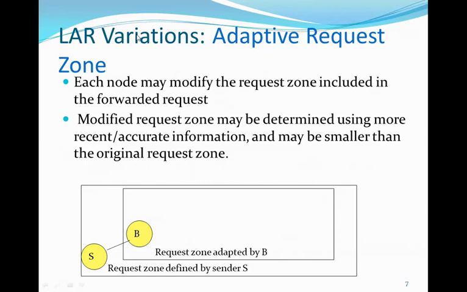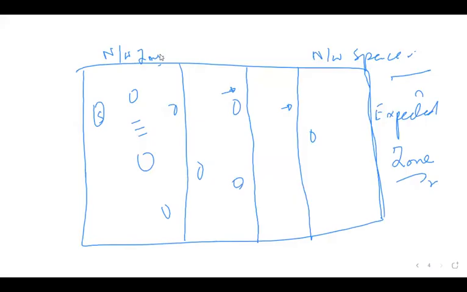And here you can see, for example, if we have found the desired destination. Let me take the same example again. For example, we have defined this line as an expected zone, but later on we find that the desired destination node is somewhere close to the node. So therefore, we will actually limit it to that point where the desired destination node is, and we will not cover this area which was earlier defined in the expected zone.